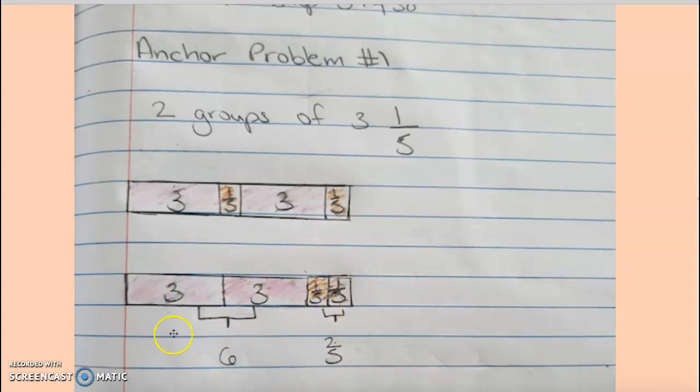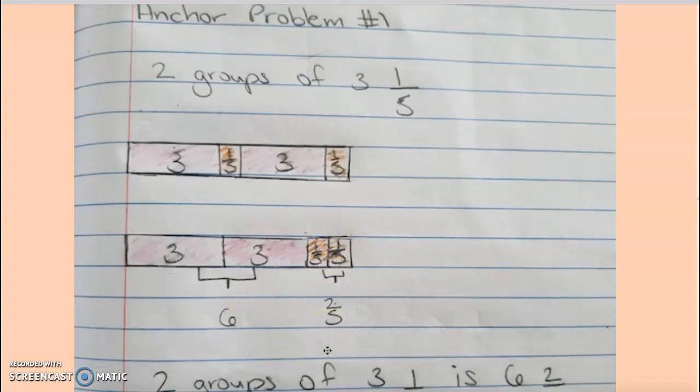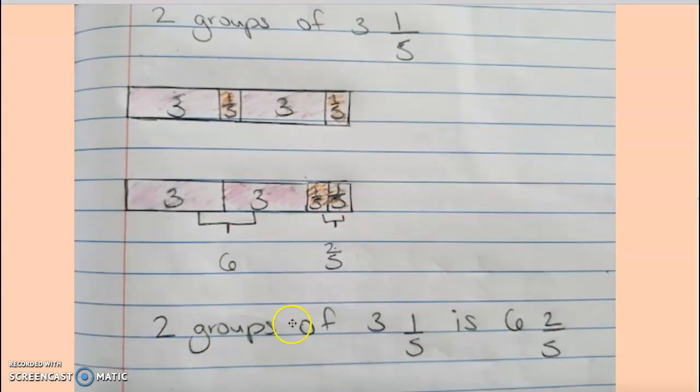So then I added it: 3 wholes plus 3 wholes is equal to 6 wholes, and then 1/5 plus 1/5 is equal to 2/5. So then I added it up. I know that two groups of 3 and 1/5 is equal to 6 and 2/5. Okay.